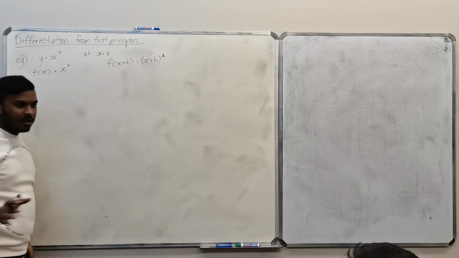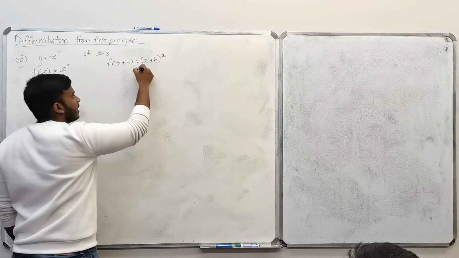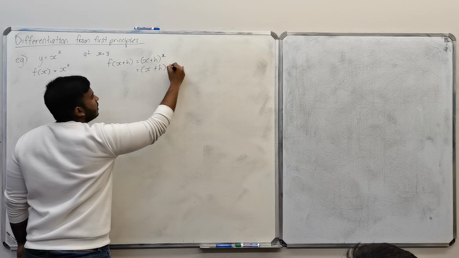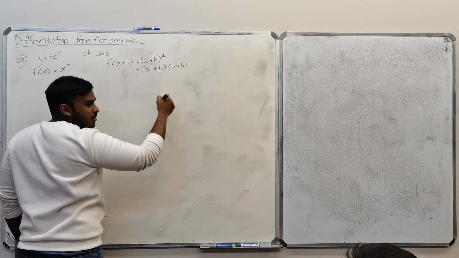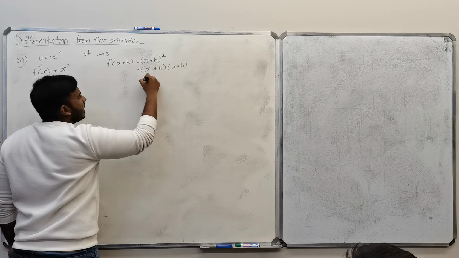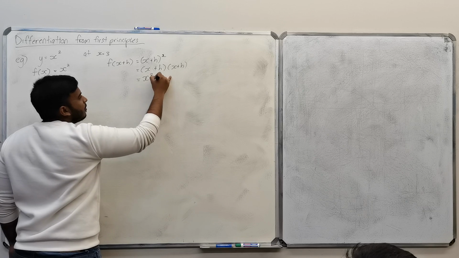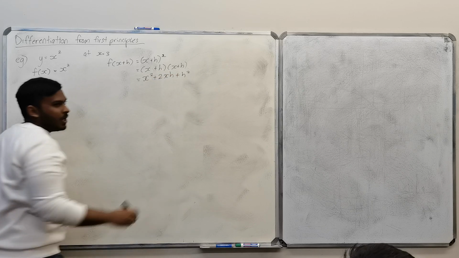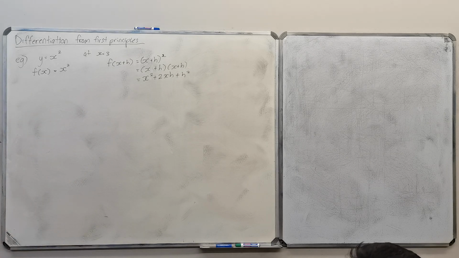This here is x plus h all squared. Okay? So let's expand this bracket, right? So this would be x plus h, x plus h. So when you multiply, that will be x squared plus 2xh plus h squared. All with me. Right? Now they want the gradient.